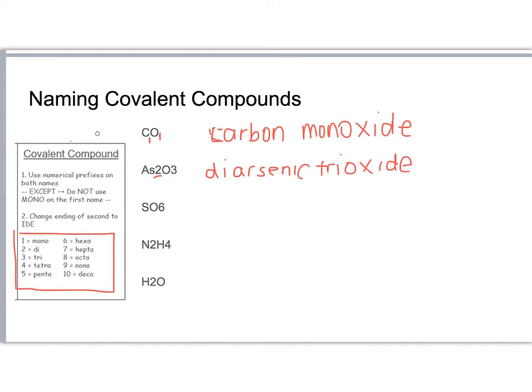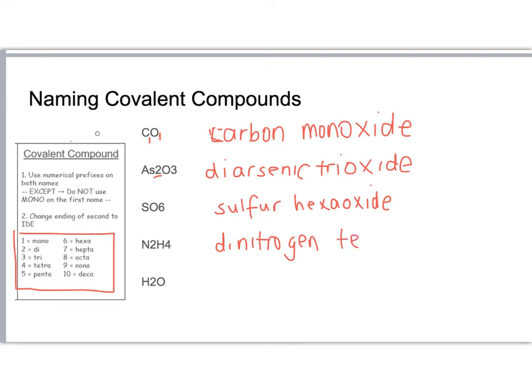In the next example, I have sulfur. Notice I'm not using the prefix mono, even though there's only 1. And then 6 is hexa. And then once again, oxygen turns into oxide. In the next example, we've got 2 nitrogens, so that would be dinitrogen. I have 4 hydrogens.